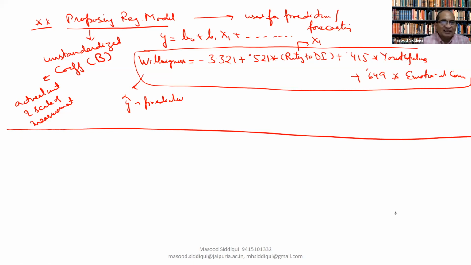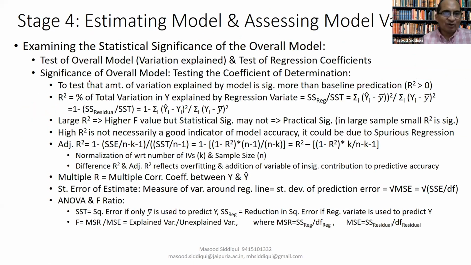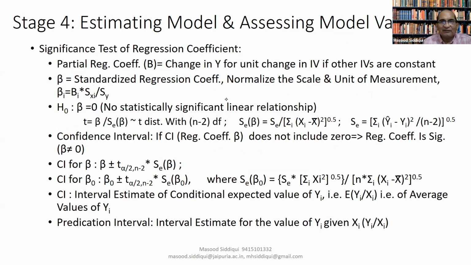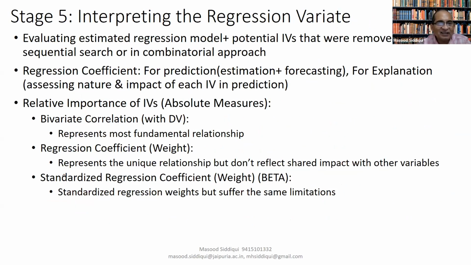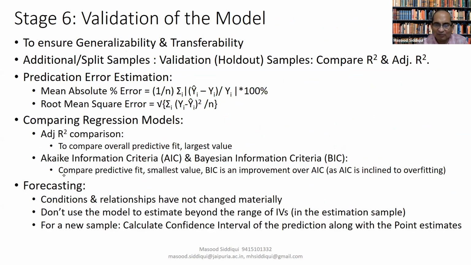This has been mentioned in the estimation of the model. Here we have discussed the significance of the overall model, including R square, adjusted R square, the concept of ANOVA. Then we have the significance test for the regression coefficient also. I have explained the concept of partial regression coefficient, beta and B, how this beta has been tested. And finally, we have mentioned the regression model also.